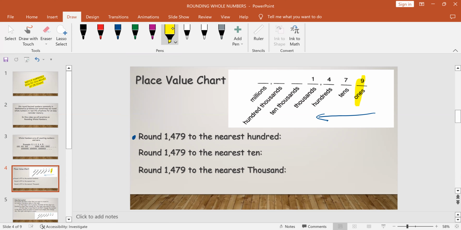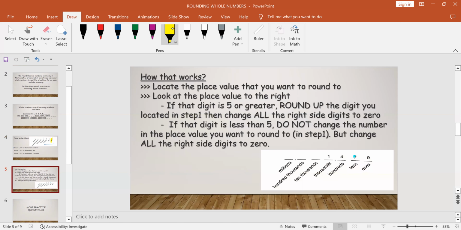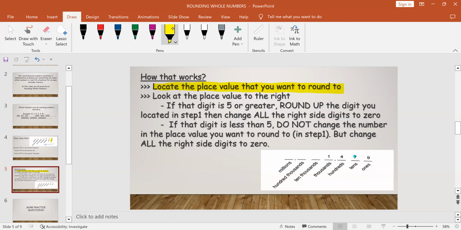Now, there are some steps we need to follow to round these whole numbers. And let's see the steps. The first one, locate the place value that you want to round to. So as the first question, when they said round 1,479 to the nearest 100, we want to round to the 100 place. So we're gonna locate the digit for 100.